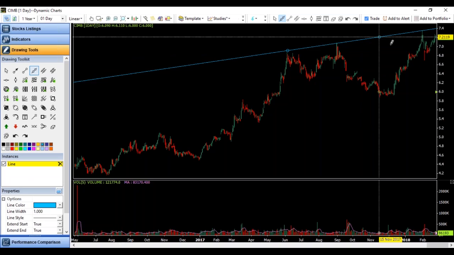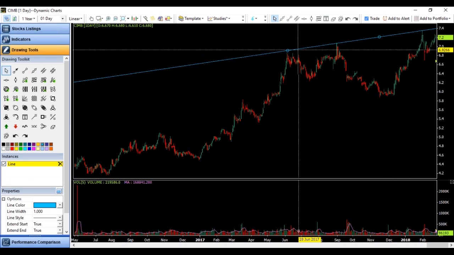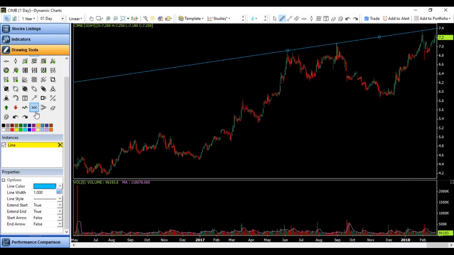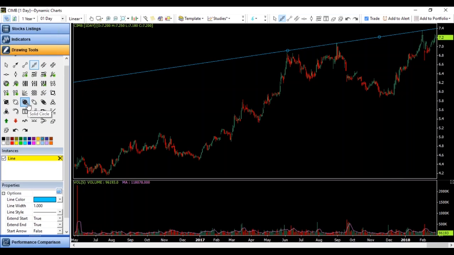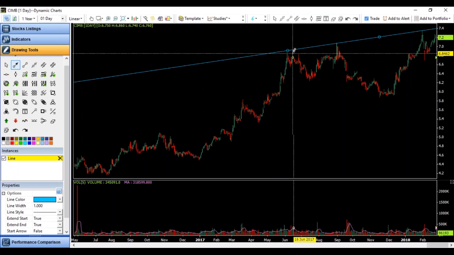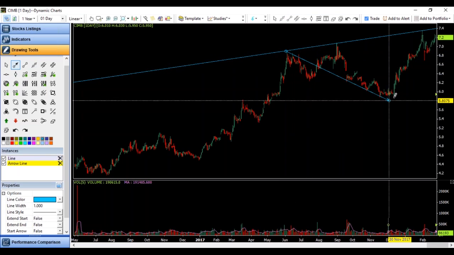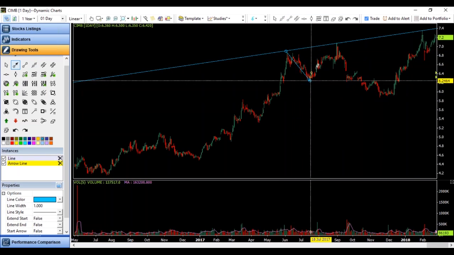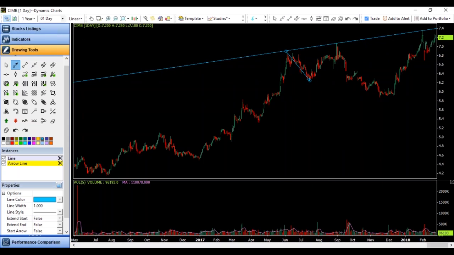Let me just mark it for you so you'll be able to understand. That's a shoulder, that's a head, that's another shoulder. So that's the inverted head and shoulder.